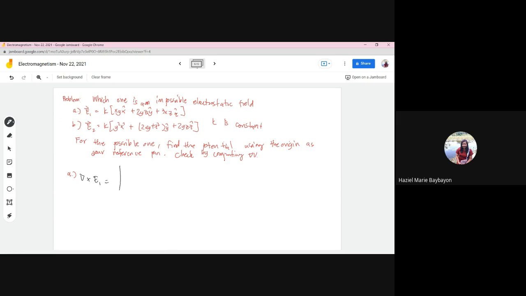So we have the curl of E sub 1. This is equal to the determinant with x hat, y hat, z hat, partial derivative with respect to x, partial derivative with respect to y, partial derivative with respect to z. And then here you have the components: kxy, 2yz, and 3xz.